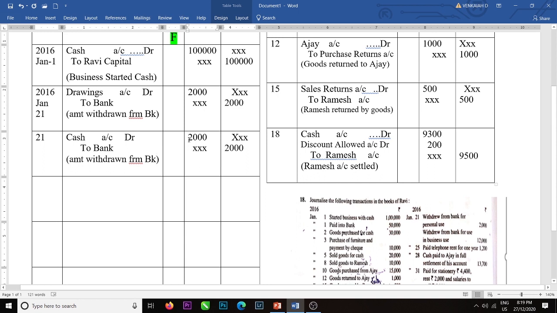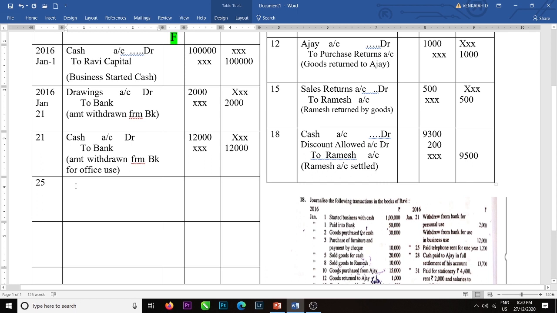Amount is 12,000, withdrawn from bank for office use. Whenever you find personal use, you have to write drawings. Whenever you withdraw cash, cash is coming into business, so we write cash account debit.